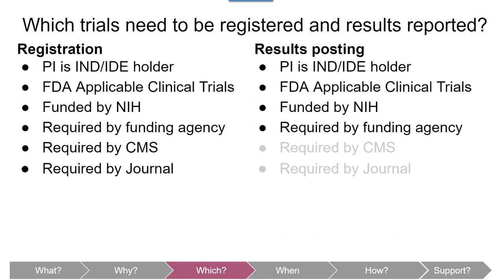So the PI really needs to read the terms and conditions of their contract with the funding agency. And also if a trial involves procedures billed to Medicare and Medicaid, or if required by a journal for publication, as I mentioned. And results posting is required if it meets the following on the right.